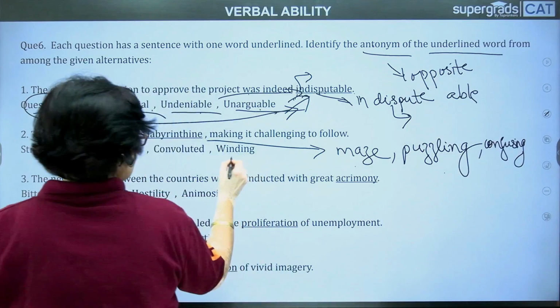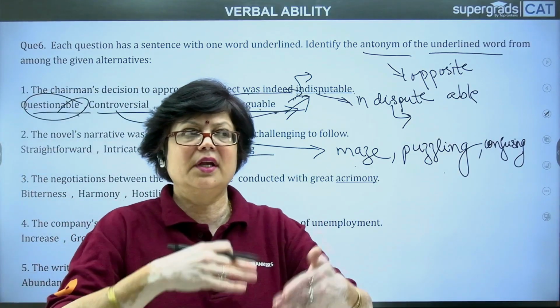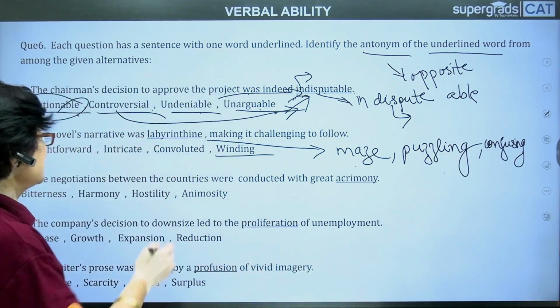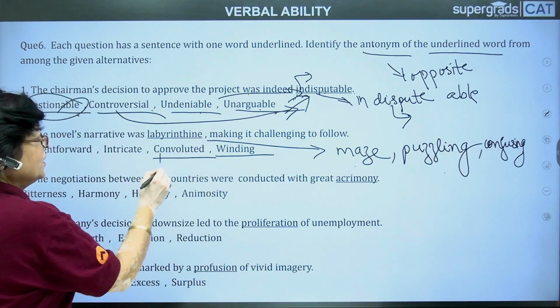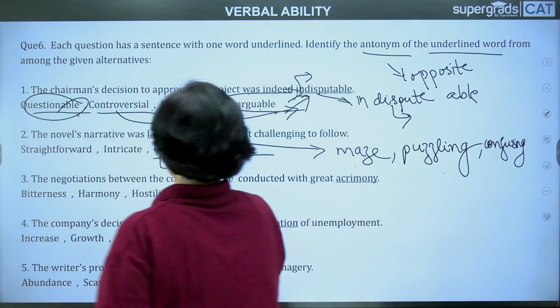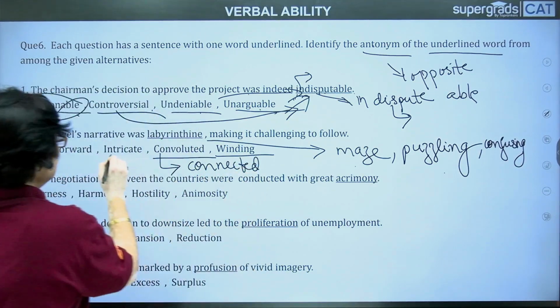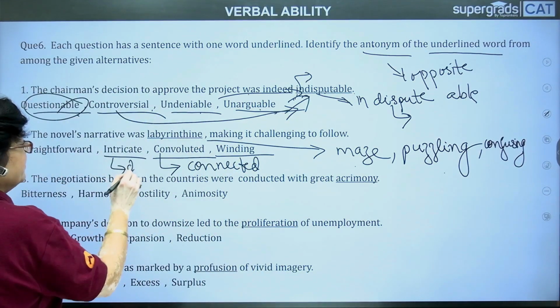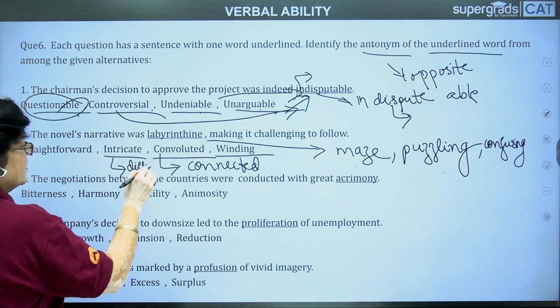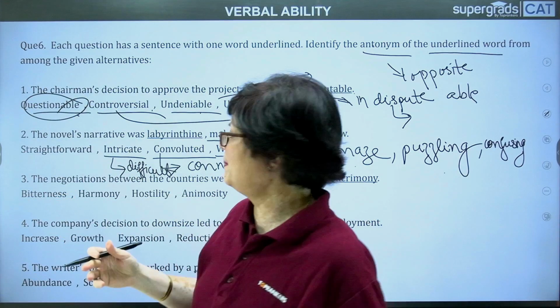Let us see this. Winding, having too many turns. Convoluted. Convoluted means connected, right? Intricate. Intricate is again very difficult, very complex. Another word for intricate is complex.